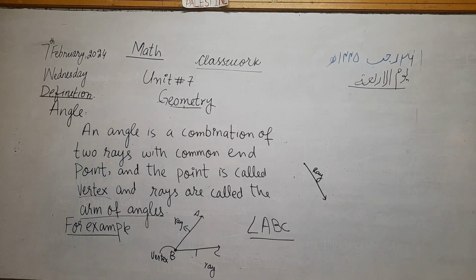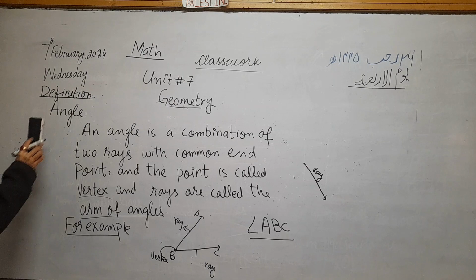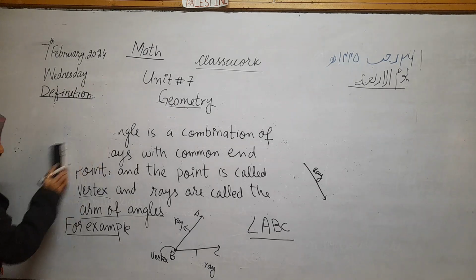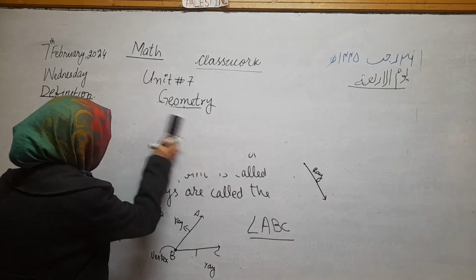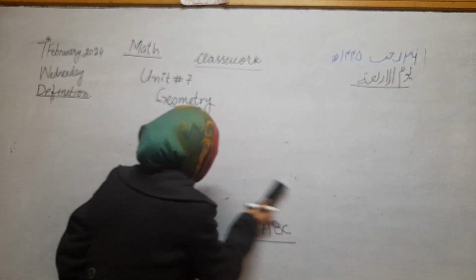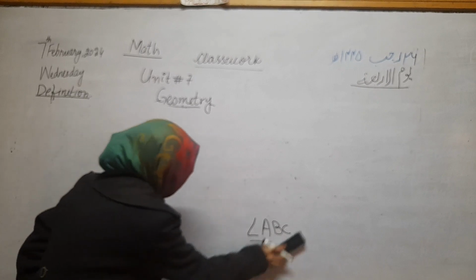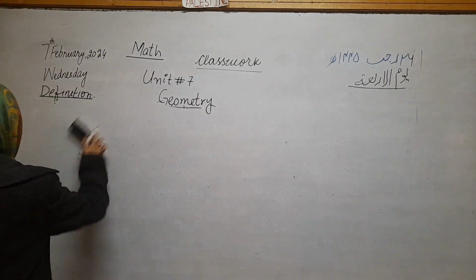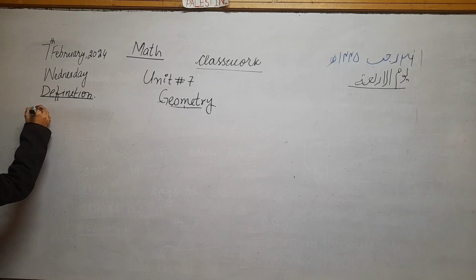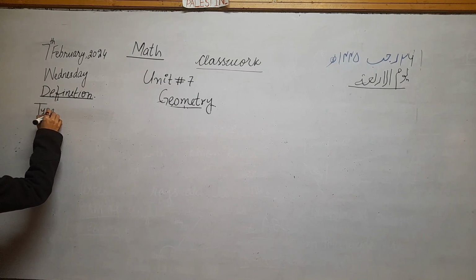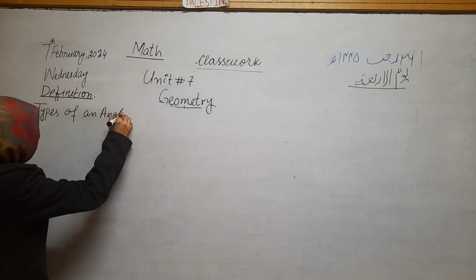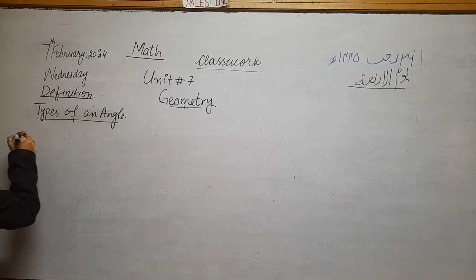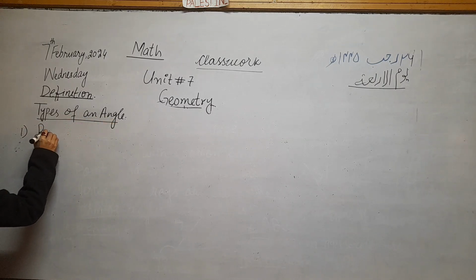After this, we have our types of angle. We have different types of angles. Now we'll discuss the different types of angle. First is right angle.